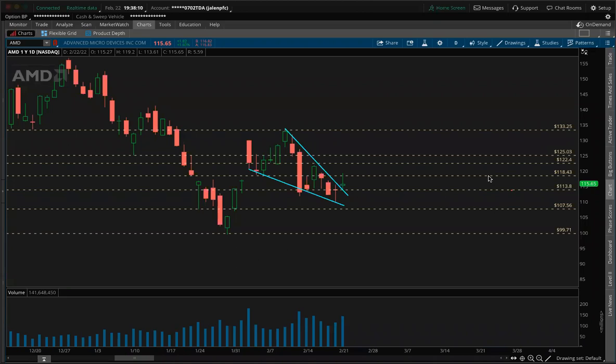There we go. Calls above 118. 118.43. Honestly, I normally just put the whole number, but if you want to be safer, what are my price targets? There we go.